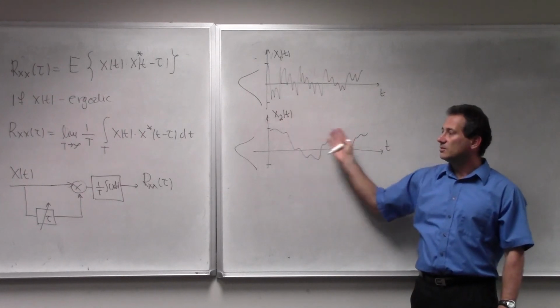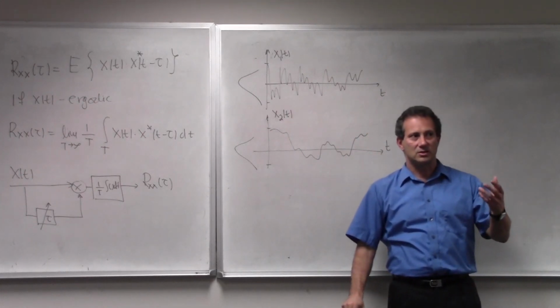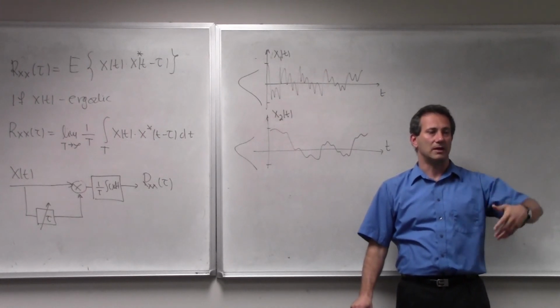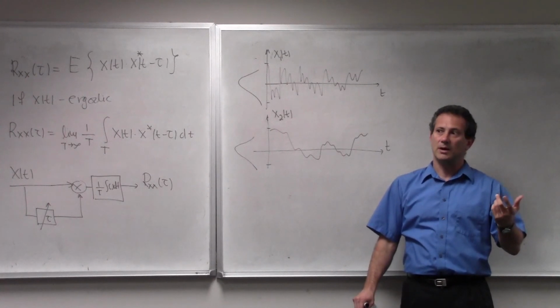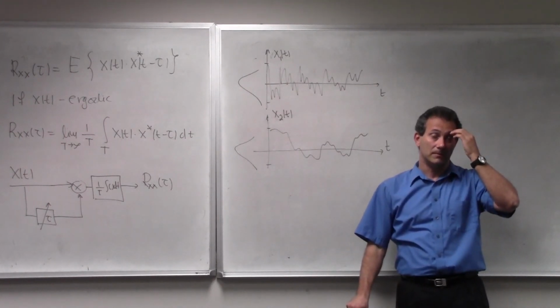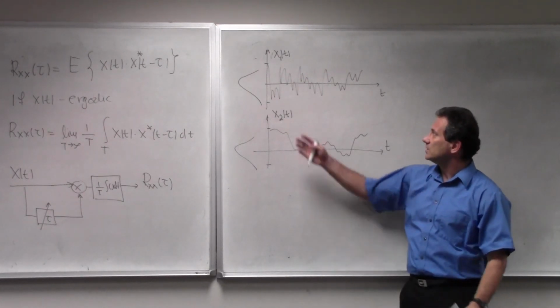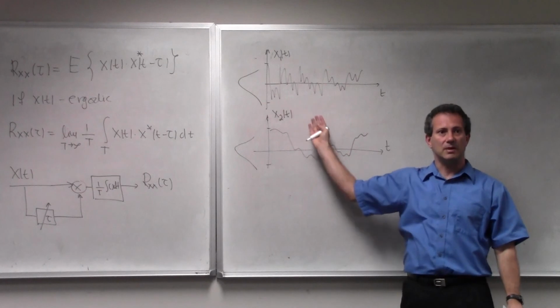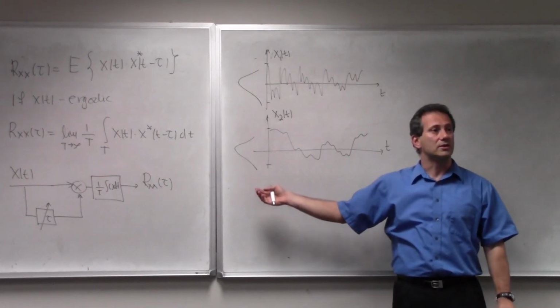So that's the second domain that we need to characterize. We said when we talk about processes, there are two domains we need to talk about, the amplitude domain and the time domain. We can talk about this other domain either as a time domain or a frequency domain. And it turns out that we can describe the process in the time domain using the very simple autocorrelation function.